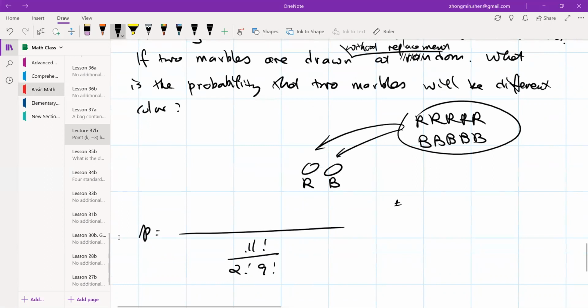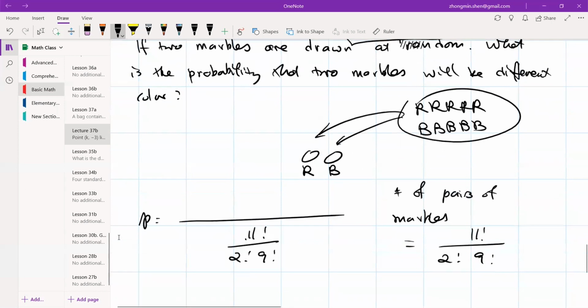Yeah. The number of pairs of marbles is going to be 11 factorial divided by 2 factorial and 9 factorial, because we don't count the order when we say pairs. Okay, but we do want to make sure one is red, the other one is blue. Okay, how to get red?